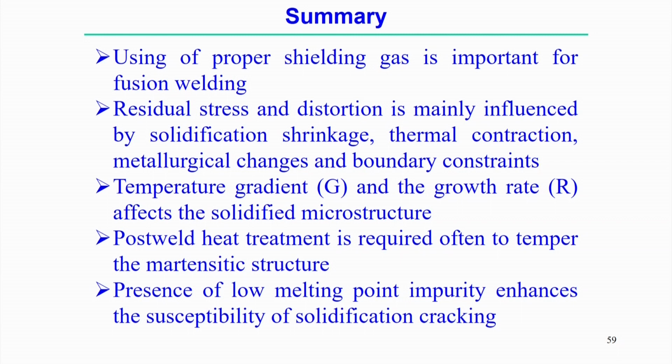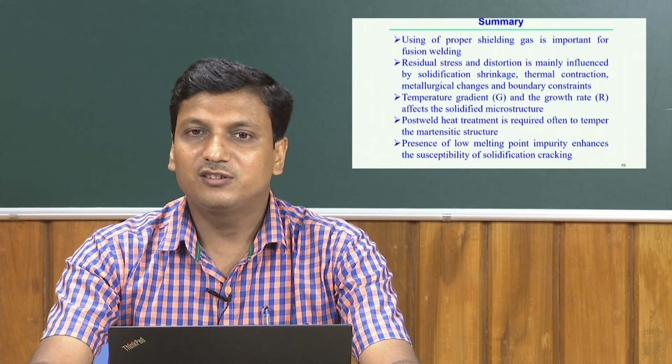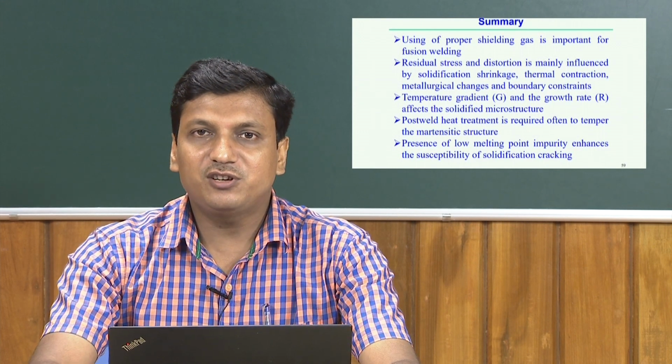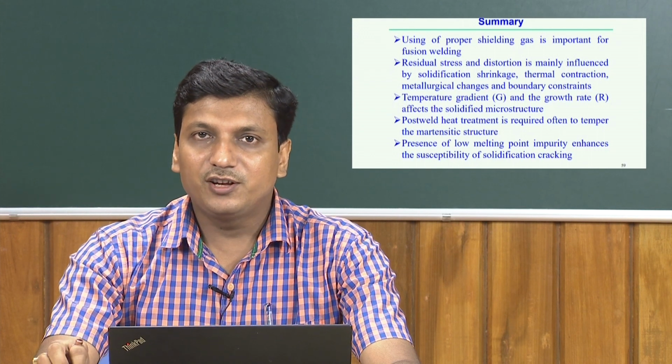Accordingly, we can select the sealing gas, but in most fusion welding processes an inert gas is selected as the sealing gas, because the reactivity of the inert gas with the molten pool, even at very high temperature, is low.